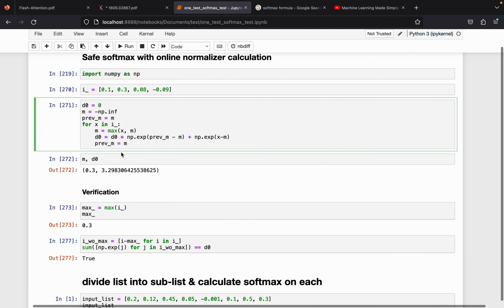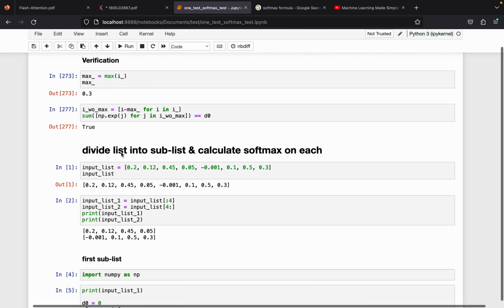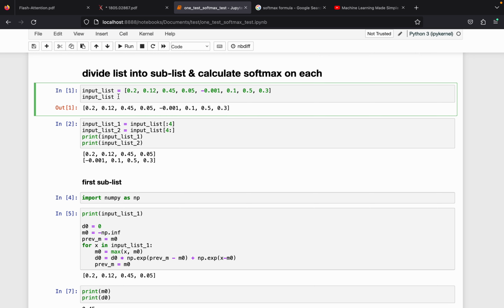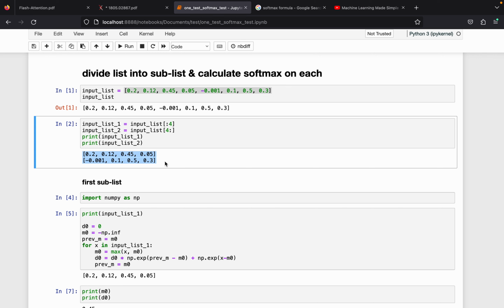But I'll skip this part in the interest of time, and go directly to the next part. That means, given two lists, how are you going to calculate softmax separately and then combine it?